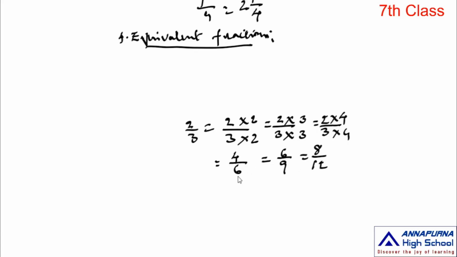That means 4 by 6 is equal to 6 by 9, which is equal to 8 by 12. So all these fractions are equal to 2 by 3. Therefore, 4 by 6, 6 by 9, 8 by 12 are all the equivalent fractions to 2 by 3.